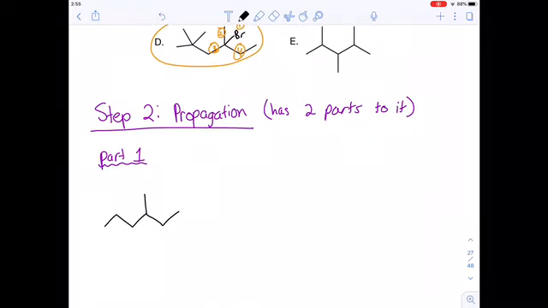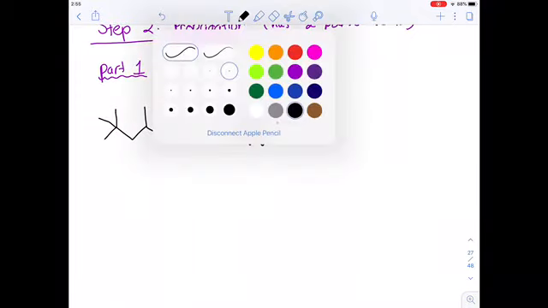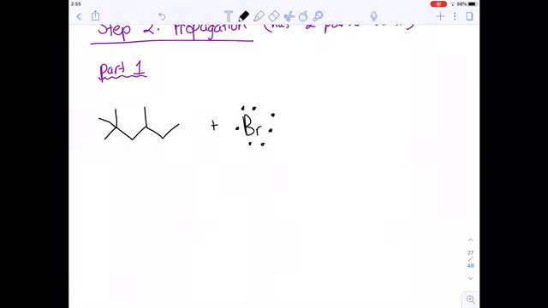So I'm going to draw out the compound that we started with. And then the radical Br. So, oops, I forgot to draw in my hydrogen.